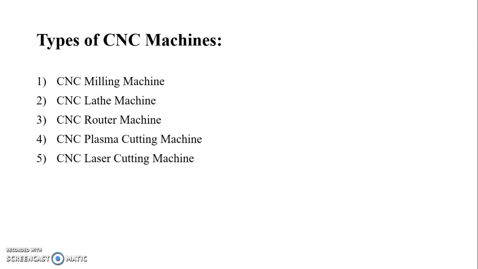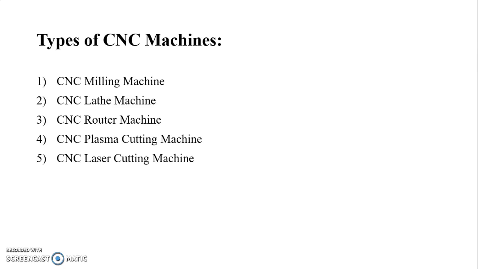CNC plasma cutters are very similar to CNC routers in size and in setup. However, plasma cutters do not require as powerful a setup, because as opposed to dragging around a spinning tool in material, they fly above the table with a plasma torch.